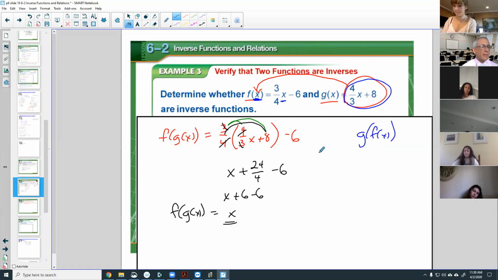So I'm halfway towards verifying that these two functions are inverses. Let's do g of f of x. I'm going to take f of x and make that the argument for g of x.